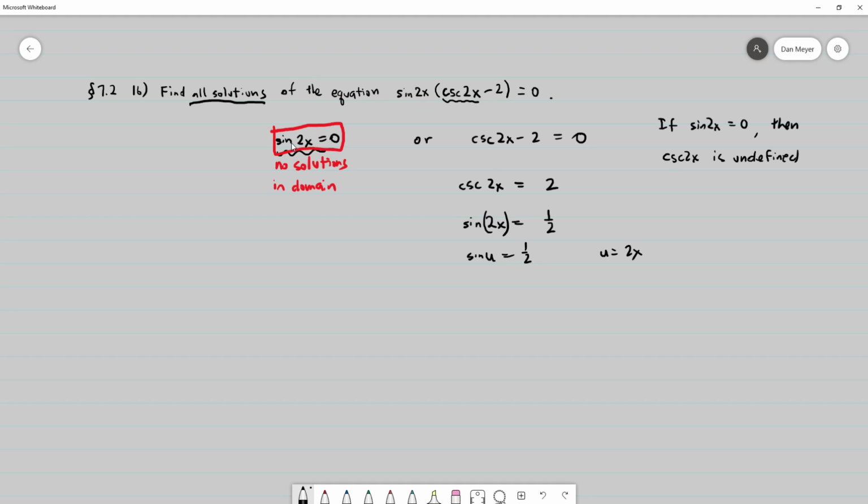Then you would get that 2x, or u, would need to be pi over 6 plus 2 pi n. Remember, we're finding all the solutions. Or we would get 2x is 5 pi over 6 plus 2 pi n.